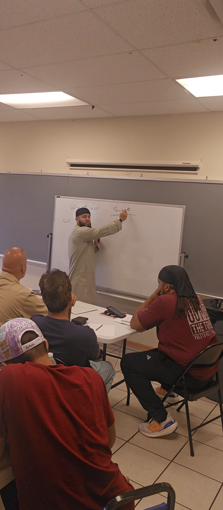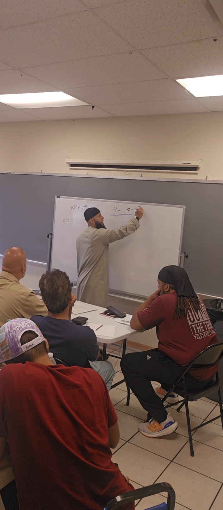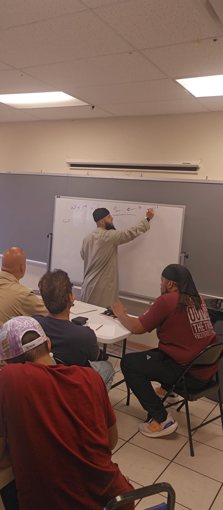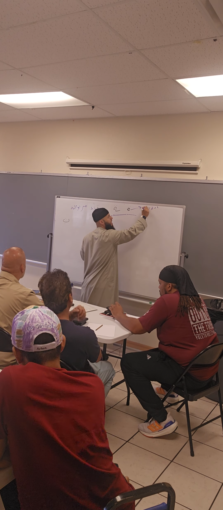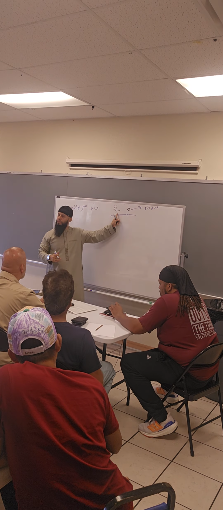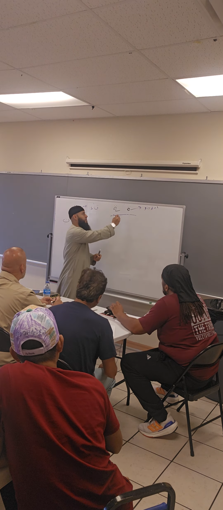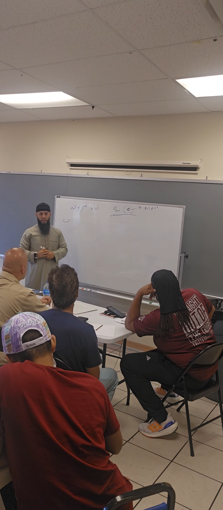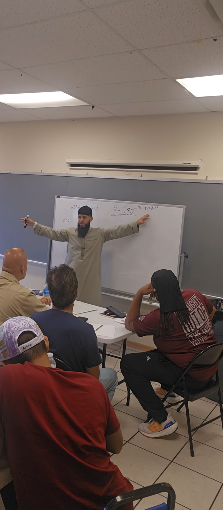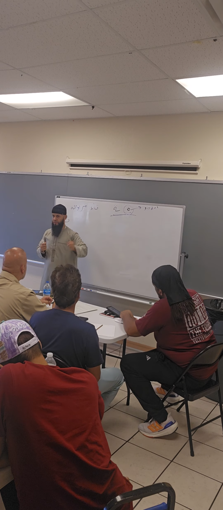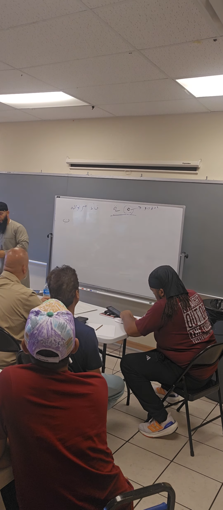So if the ta marbuta is preceded by any of those letters, it will look like this. But if it comes after any of the other letters, it will look like this, because they're going to reach if they have a hand. That's the difference.